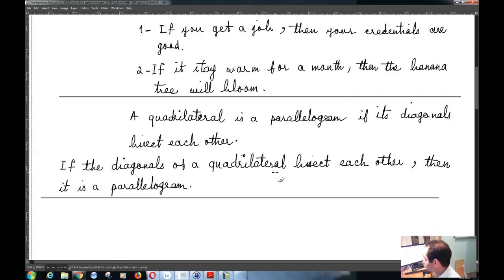Number 5 is: to get an A+ in the class, it's necessary that you do all the exercises of the book.